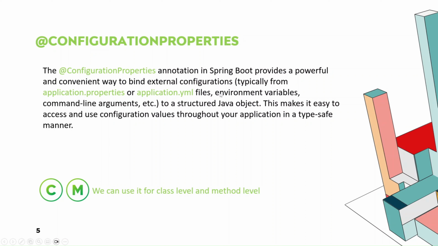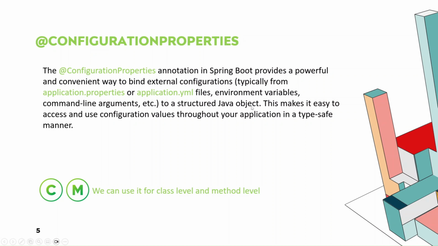Basically these environment variables or command arguments are structured into a Java object. This is very important. Basically, we are mapping the application properties into an object and we are accessing those field members from the object.